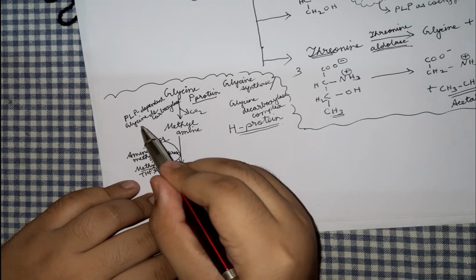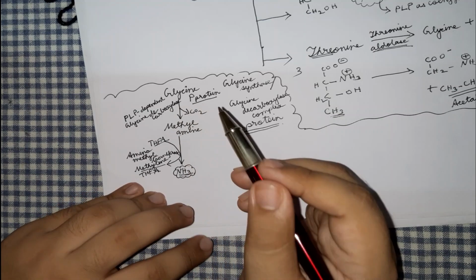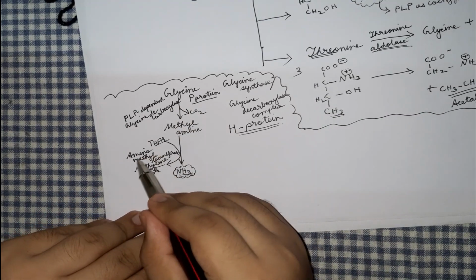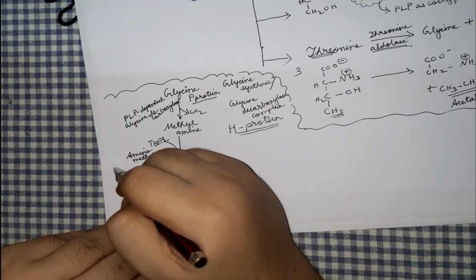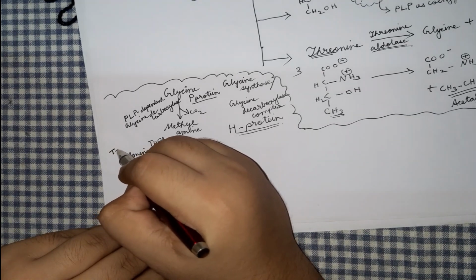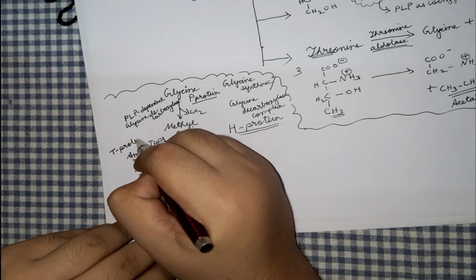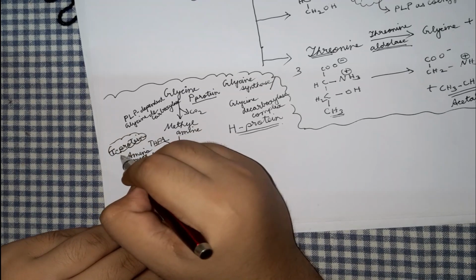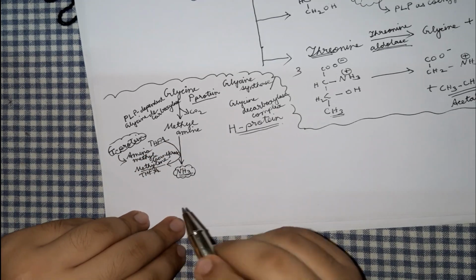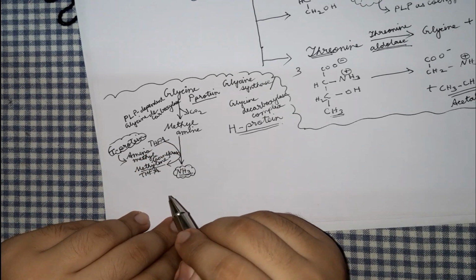All right, that is the P protein. Done. The next one is aminomethyl transferase. This is known as the T protein. The T protein is aminomethyl transferase, right?